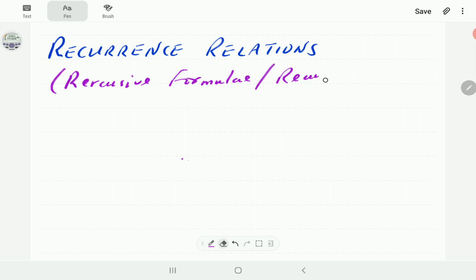So either of these terms carry the same meaning.